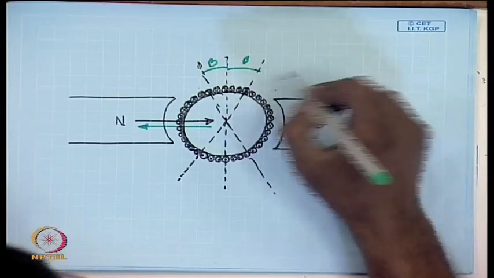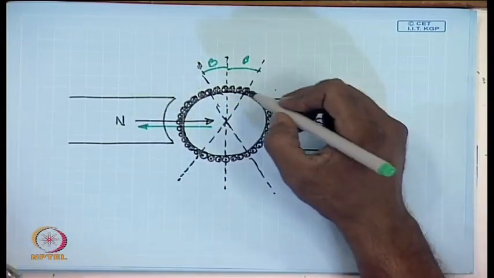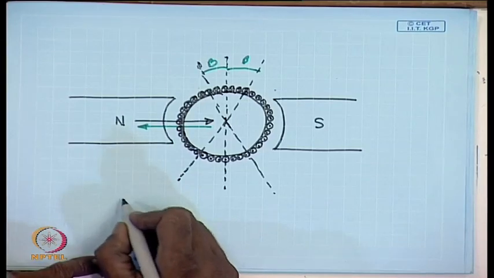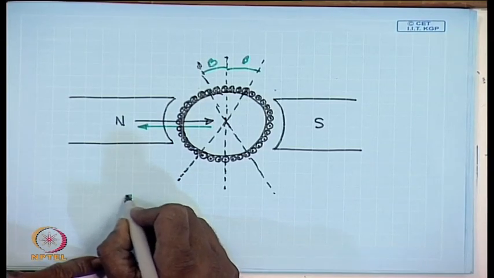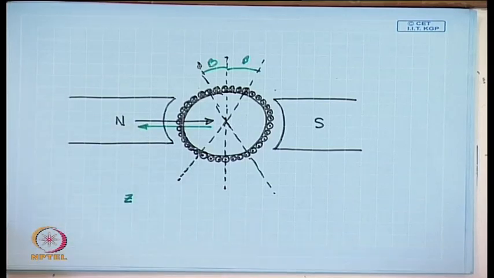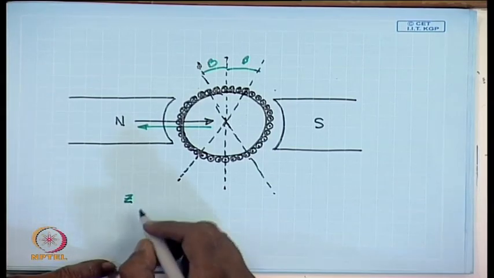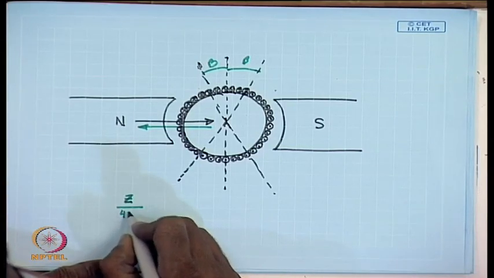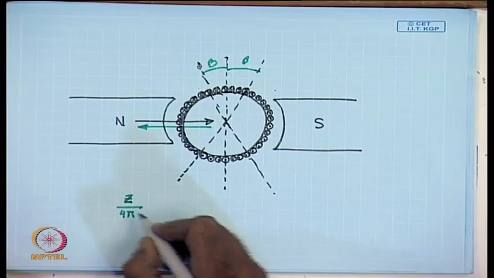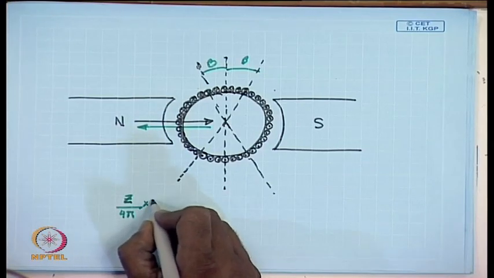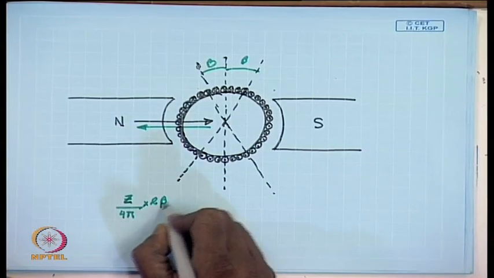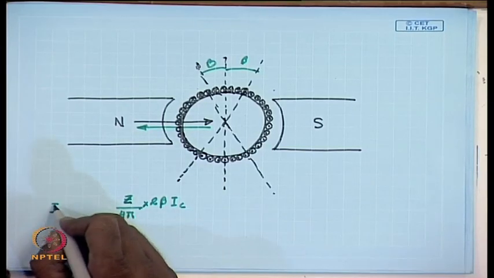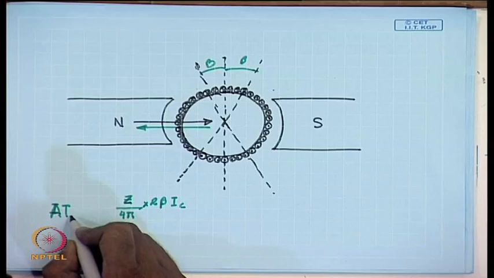This is called the demagnetizing flux due to brush shift, and if there are total Z number of conductors, the demagnetizing ampere turns are Z divided by 4 pi into 2 beta I c, that is the AT demagnetizing.